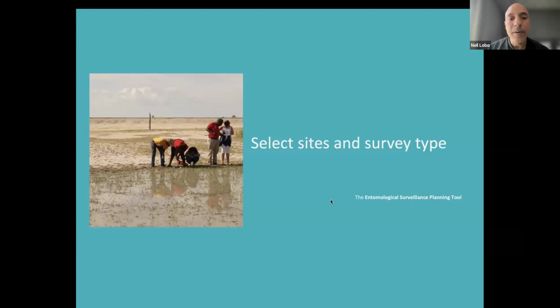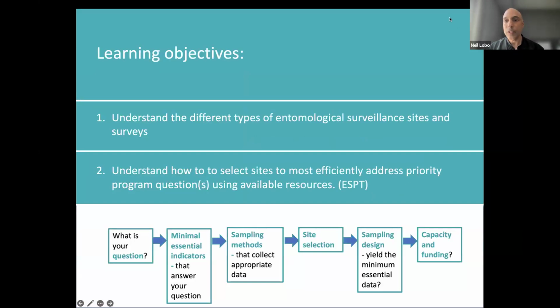We will start off now on going over selecting sites and survey types. In this presentation, we will try and understand the different types of entomological surveillance, the different kinds of sites, as well as the different kinds of surveys we can conduct.